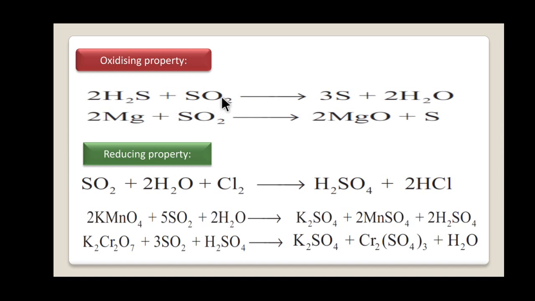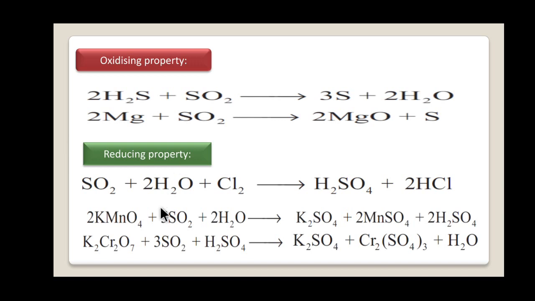When sulfur dioxide reacts with H2S, hydrogen sulfide, the H2S is oxidized and H2O forms. When magnesium reacts with SO2, the metal is oxidized to metal oxide. Here hydrogen is oxidized to H2O and the metal is oxidized to metal oxide, magnesium oxide. Is it clear?